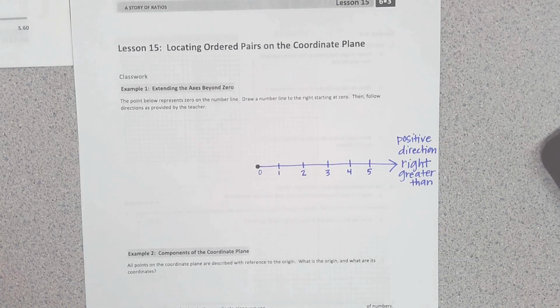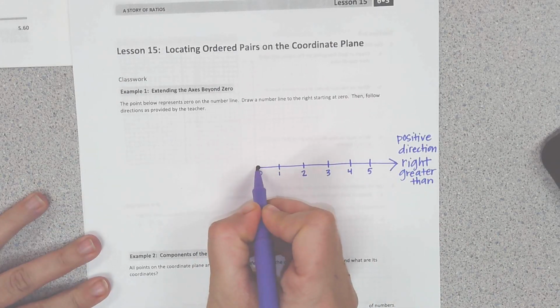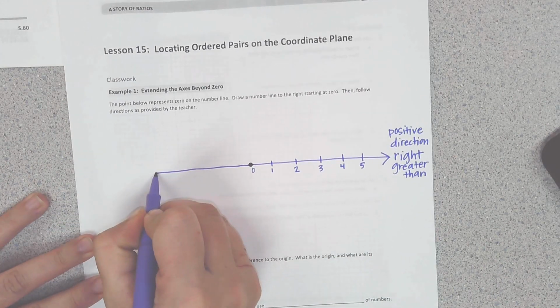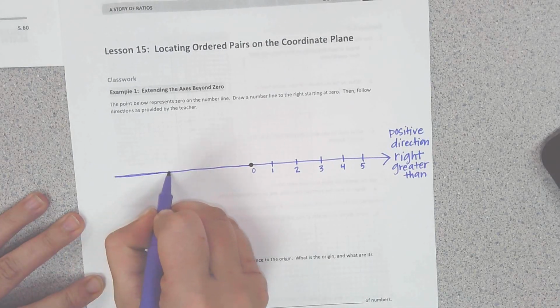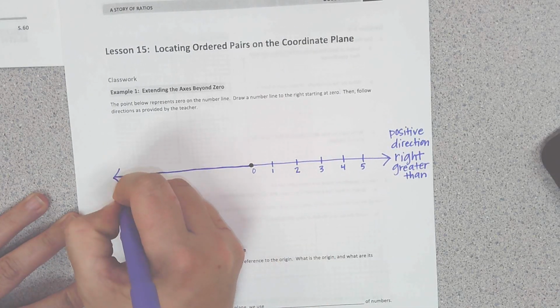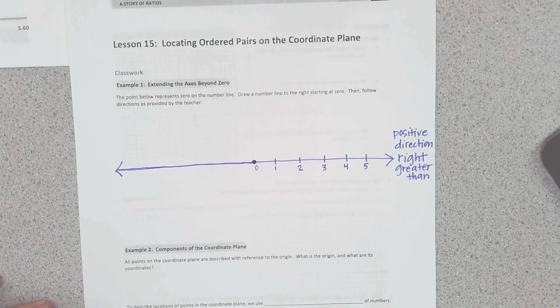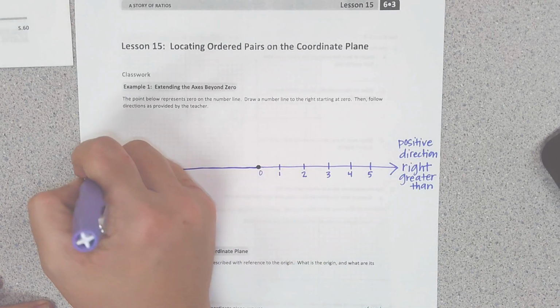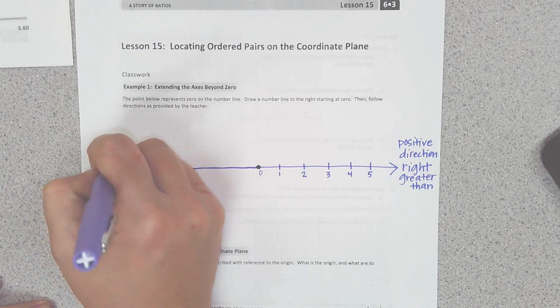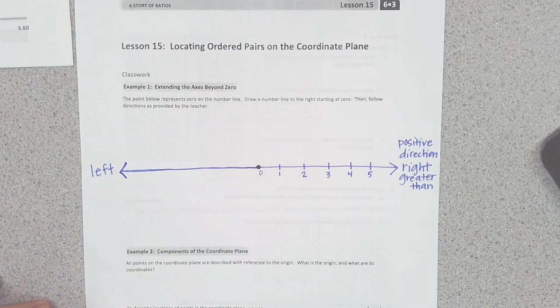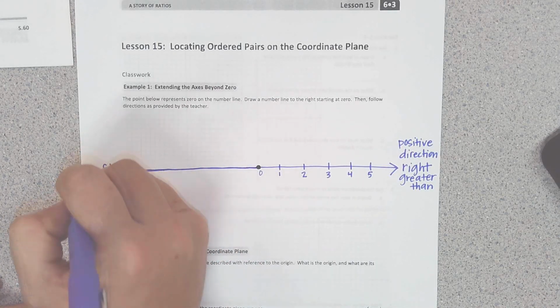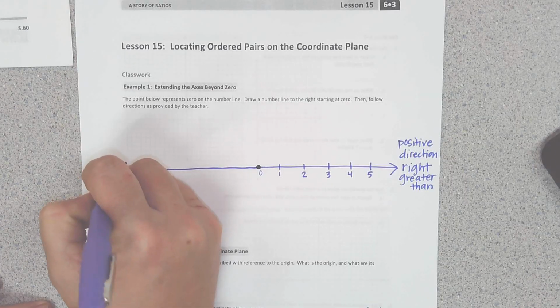And if I went to the right of 0, lately we've learned we also are going to go to the left. And this is the left. And if we look at that symbol right at the end of this line, that is the less than.